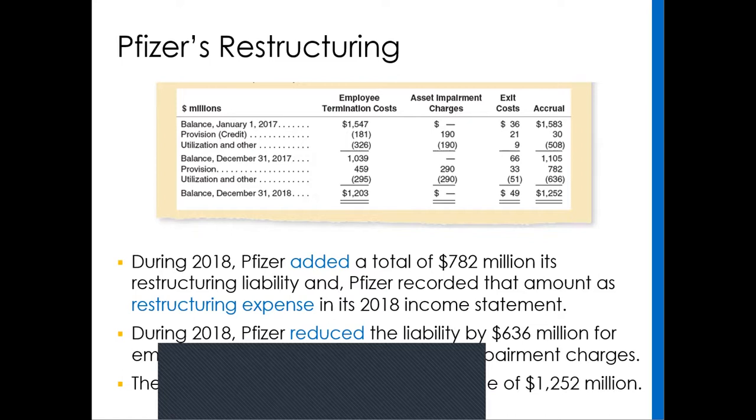So as a restructuring here, they have the balance. This is the details that you would find in the footnote. They added a total of $782 million in restructuring liability, and they recorded that amount of restructuring expense on the income statement. And then reduced the liability for employee termination costs and asset impairment charges.